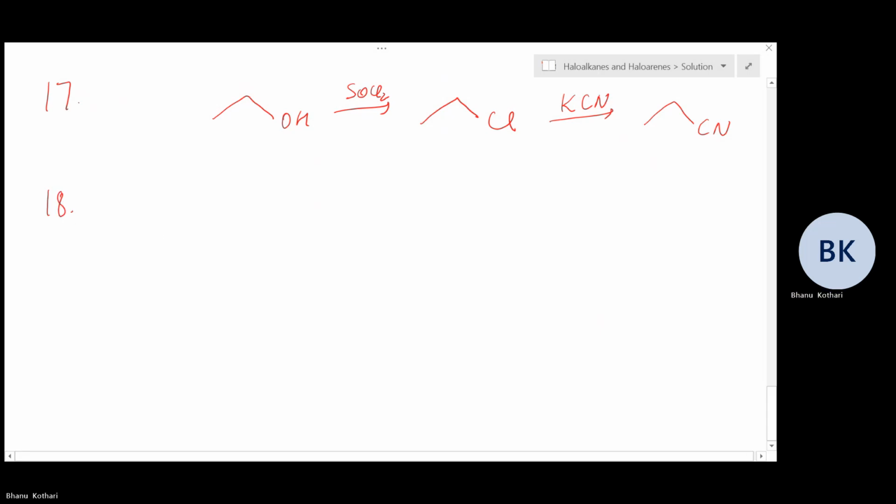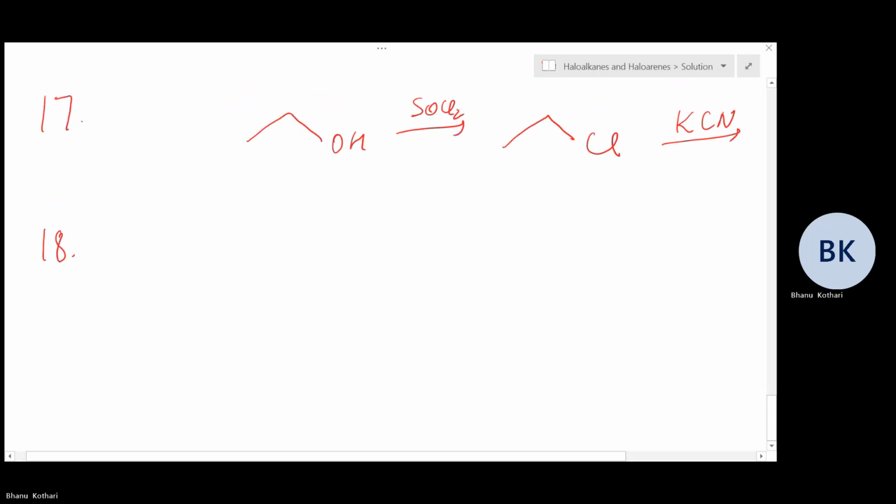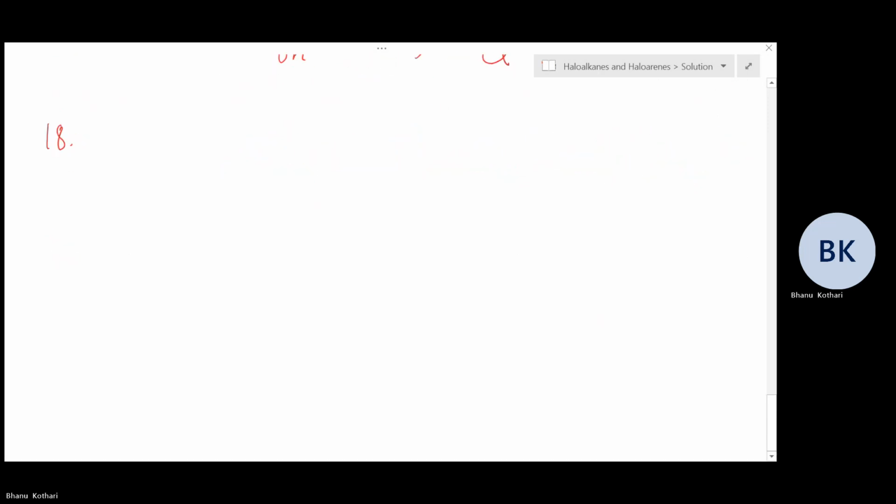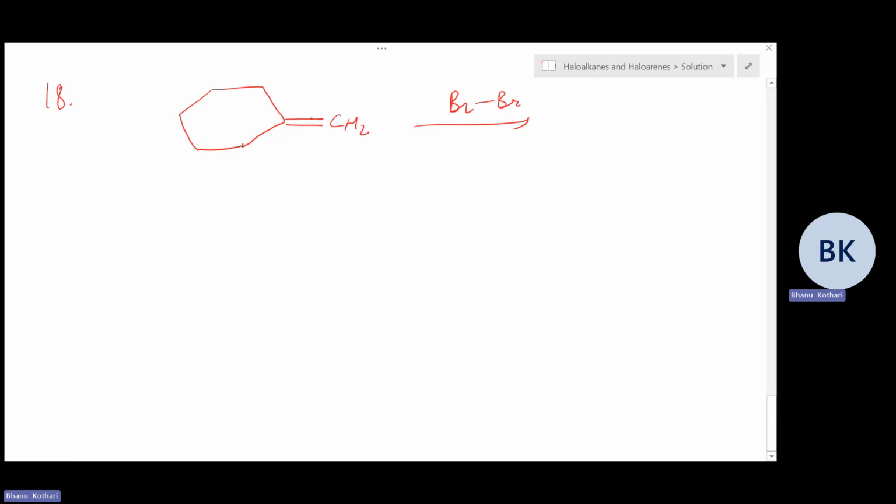Let's look at the next question. Question number 18. We have methylene cyclohexane. So in the first step, what will take place? Bromonium ion will be formed.